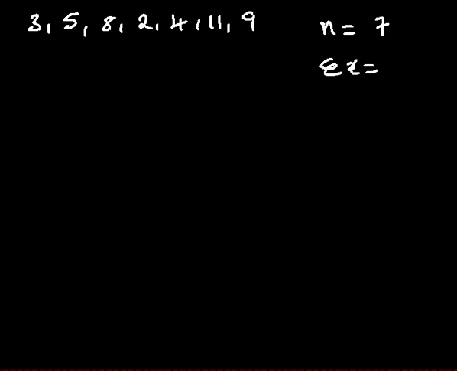In this case, we have 3 plus 5, that is 8, and 8 plus 8, that is 16, and 16 plus 2, that is 18, and 18 plus 4 is 22, and 22 plus 11 plus 9, that should be 42.